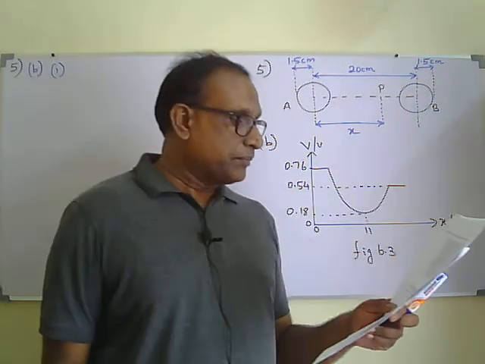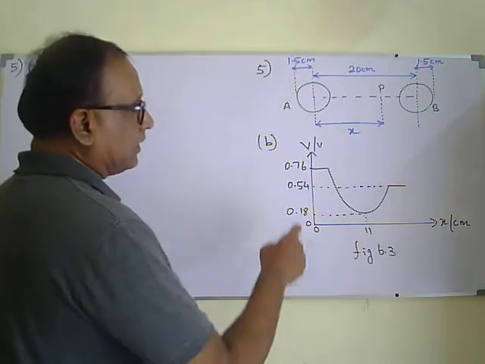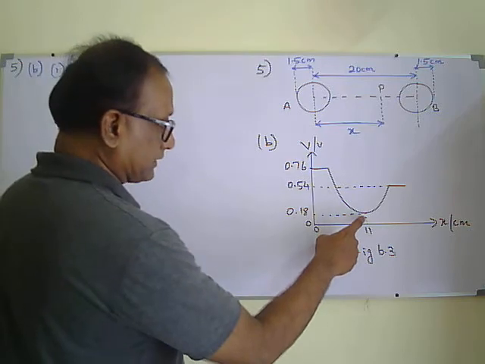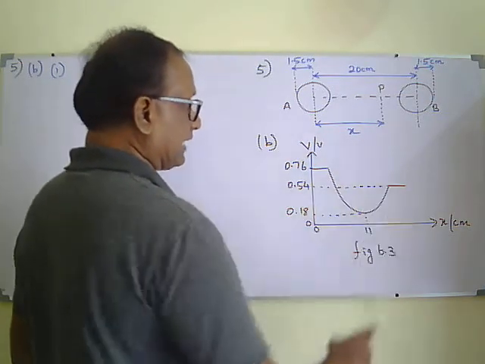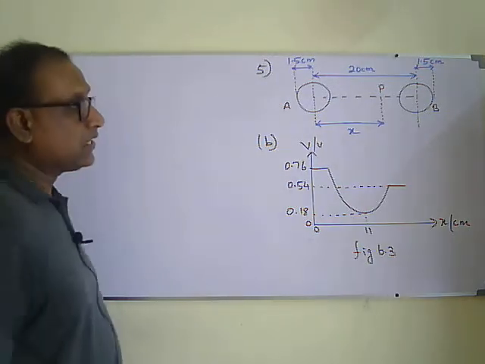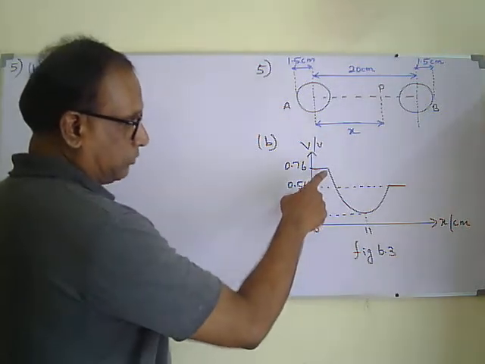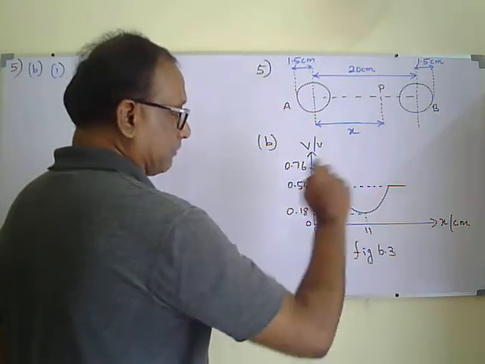Okay, so they asked to find the maximum speed. It's released from rest. You can see that it's moving from higher potential to lower potential. The potential is varying like this. This is the potential of sphere A. You can see that potential is decreasing, then increasing, but it's not coming to the same level.